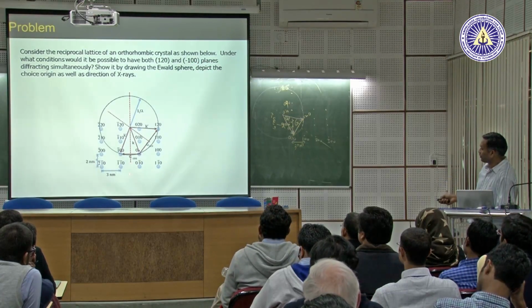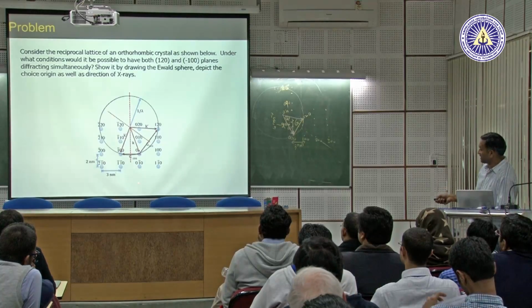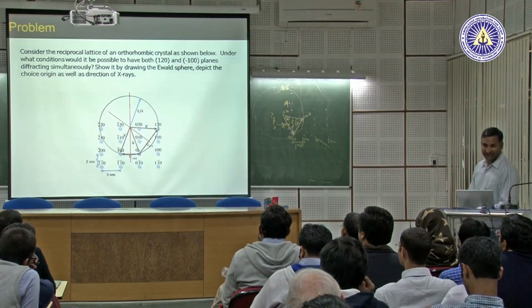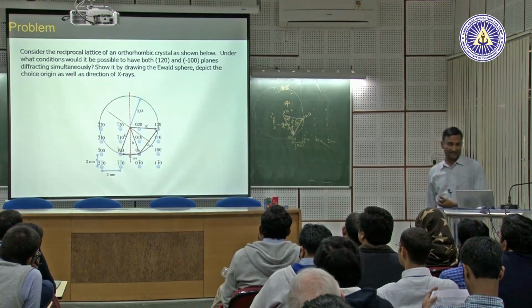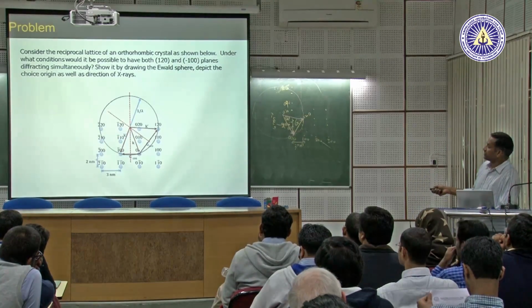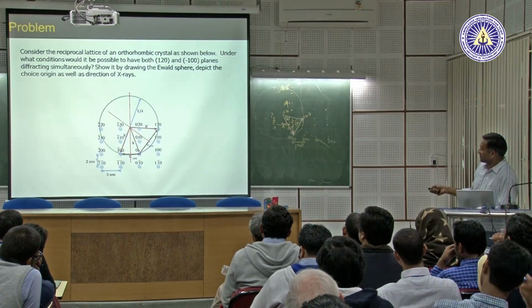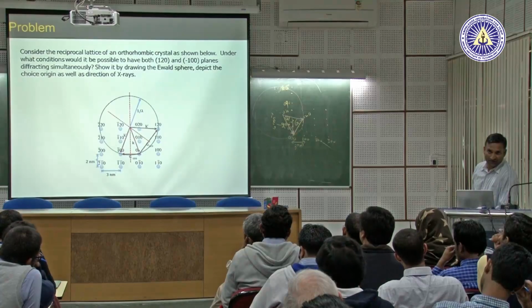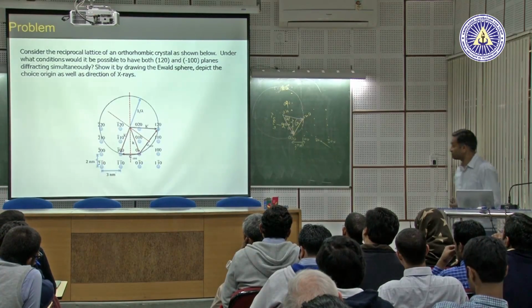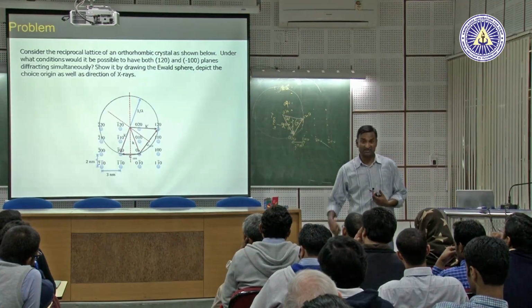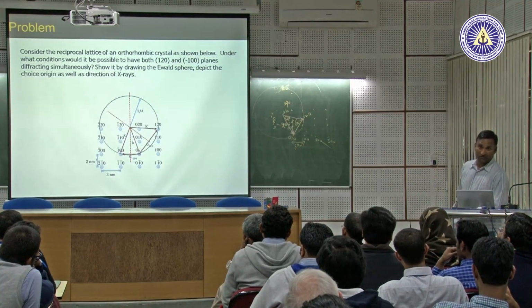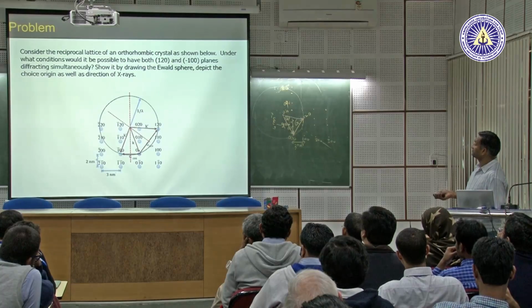You draw the perpendicular bisector to this plane, you draw the perpendicular bisector to this plane, and wherever they intersect, you choose that as the origin of an Ewald sphere, and this will give you an Ewald sphere with radius 1 over k, which will satisfy both the planes. But it is going to happen only under certain circumstances and for a given wavelength. It cannot happen for any wavelength that you choose.